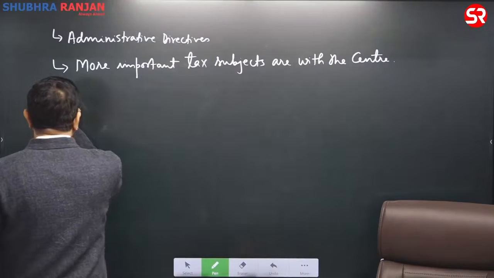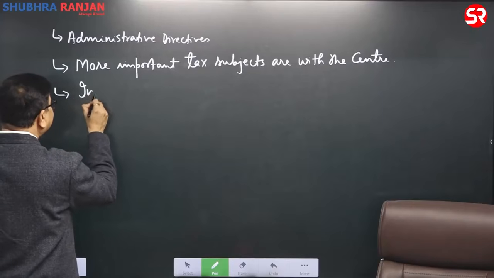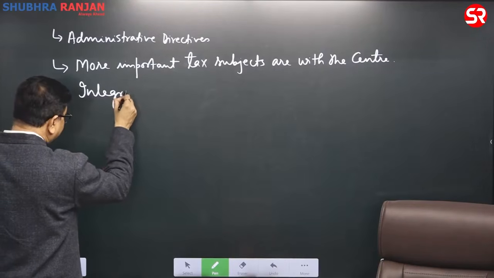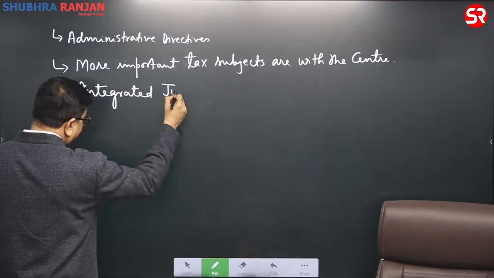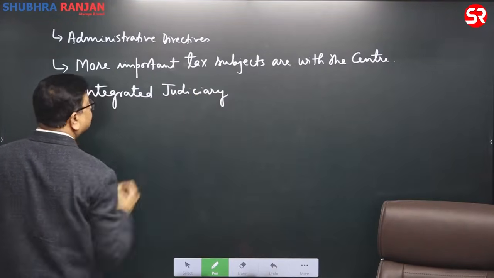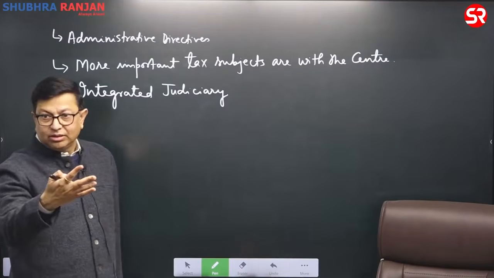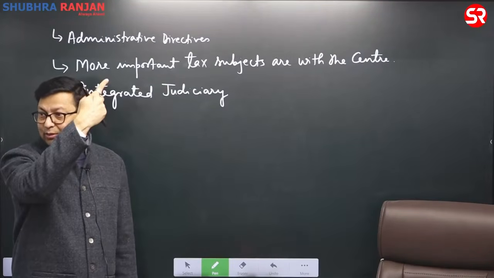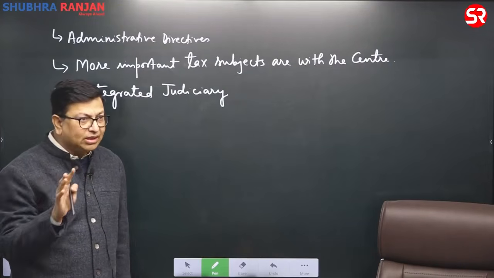Then integrated judiciary: subordinate court, high court, and then Supreme Court. Except under certain situations, you cannot directly approach the Supreme Court.